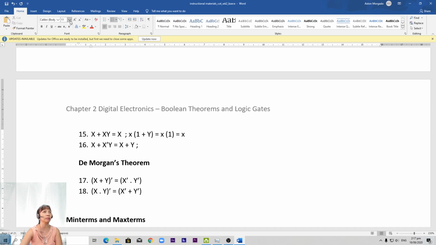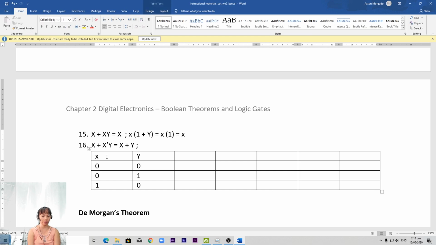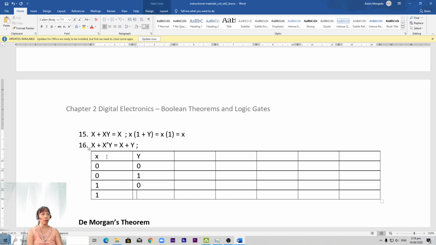Let's do some tabulation. Let's say we have x and y. These are the possible combinations. So if you have x and y, and last we have 1 1.